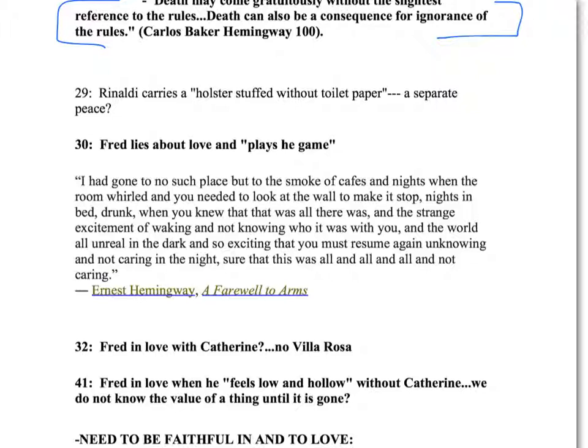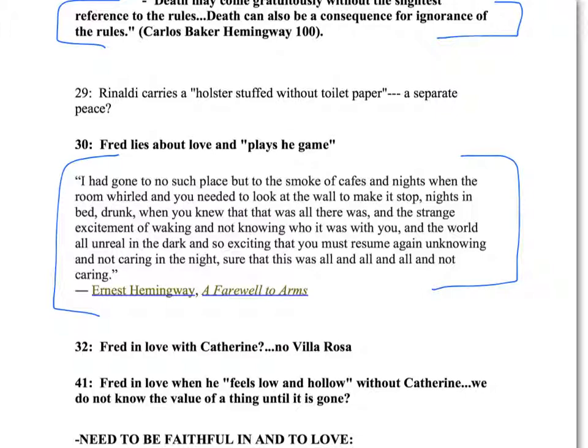But Fred isn't quite there yet, not only with his disillusionment with war, but he isn't quite initiated to commit himself to love, because as we said from the previous quote, he goes to Milan and all he does is sleep with women and not know who they are and drink too much, so he's not committed to love at all.